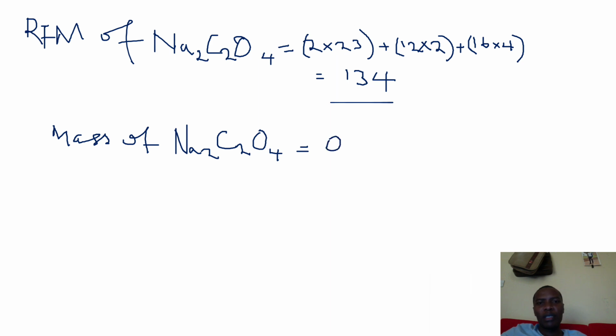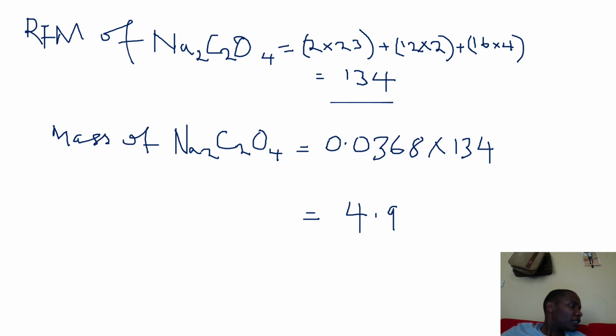So we're going to be having the 0.0368, then you multiply it by the mass, which is 134, and you can easily get your answer as 4.9312 grams per liter. So now we want to find out the percentage composition.